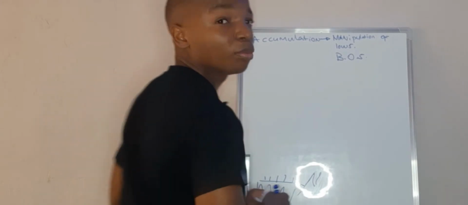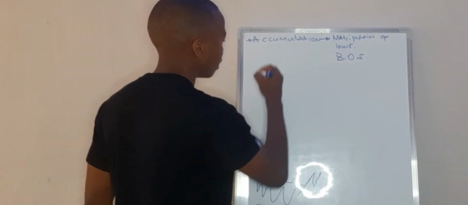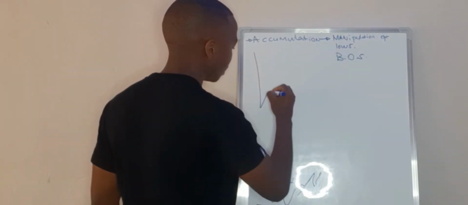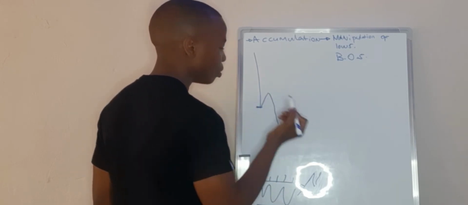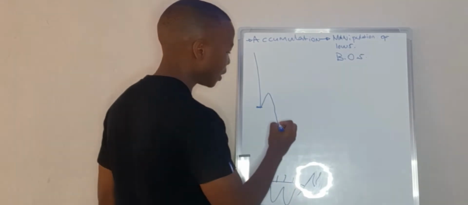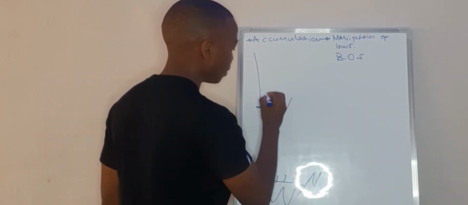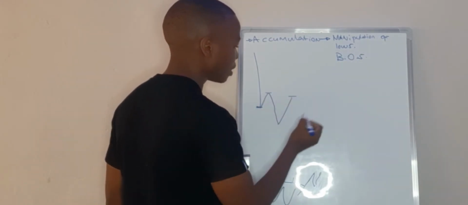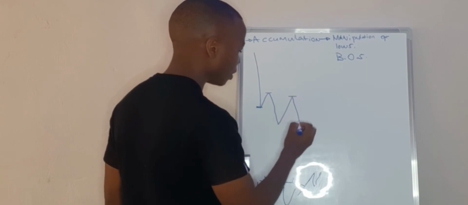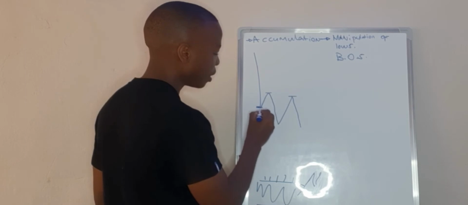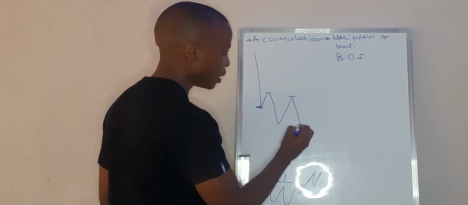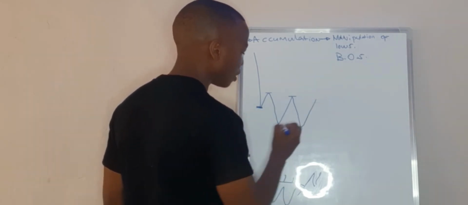So a basic accumulative pattern would look like this. The market was coming down, and then you have this support over here. Market goes up, sees a resistance, respects it, goes down. So the support has now been violated, but then the market is respecting this low.